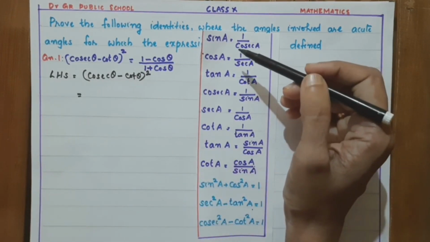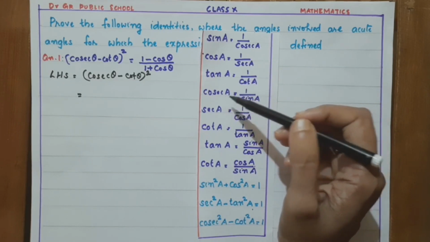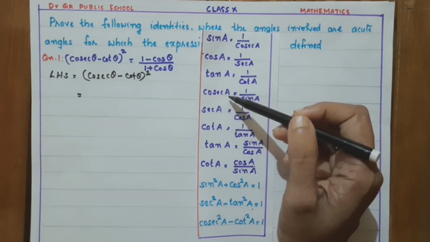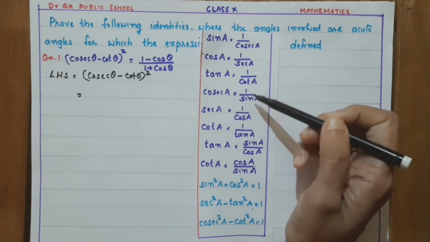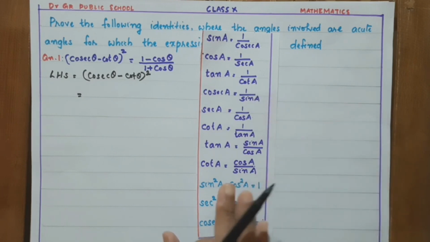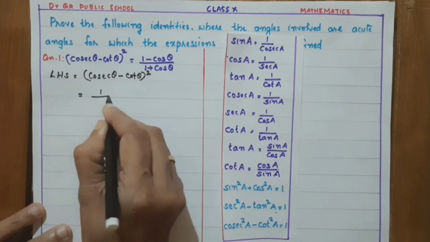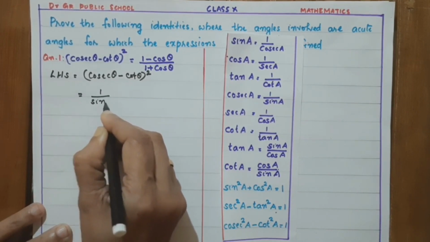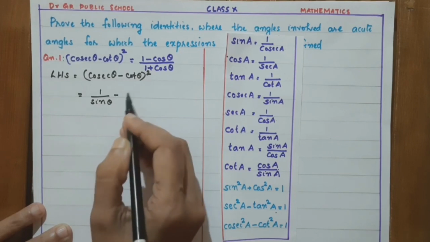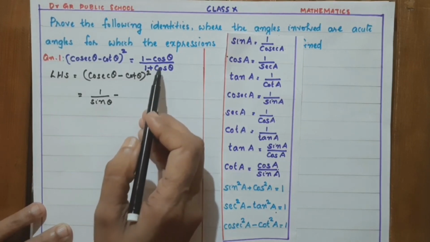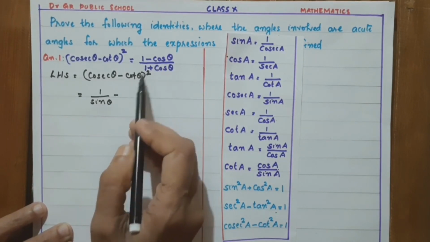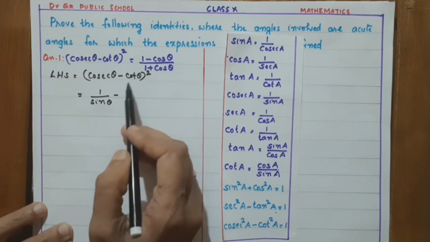Okay, so here I am choosing cosec theta. Here it is written with angle as A. So cosec A is equal to 1 by sin A. That I am taking now. So cosec theta can be written as 1 by sin theta minus cot theta. We need the answer in cos theta. So how can you relate cot theta and cos theta?